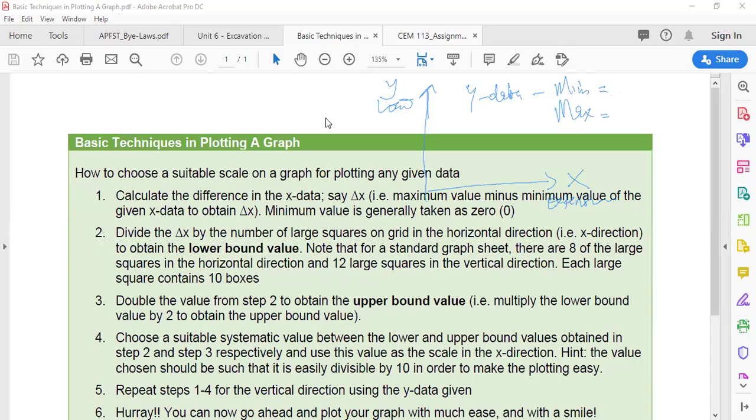What is the maximum for the Y data? All right, so that's the maximum. Well, that's fine. 261.